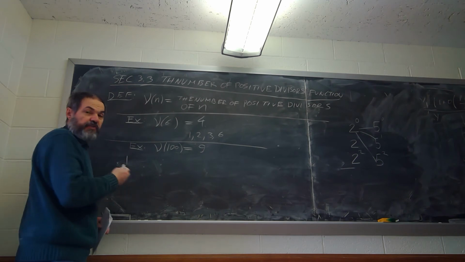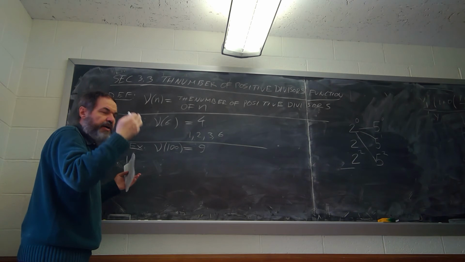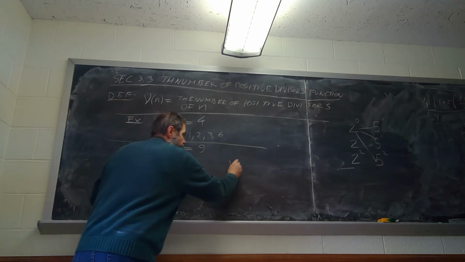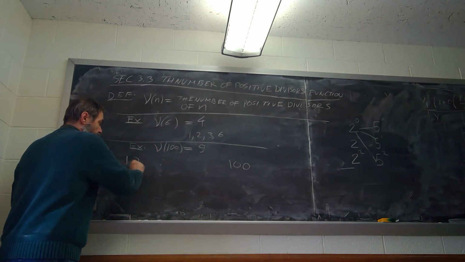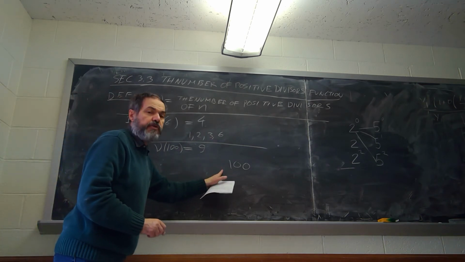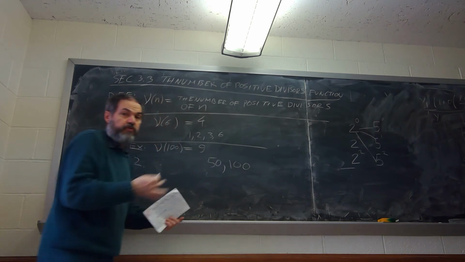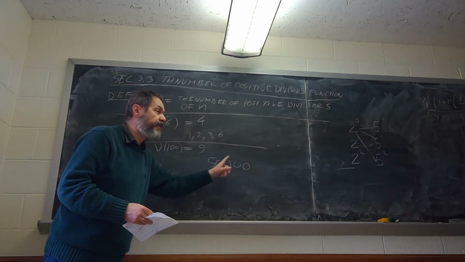I have a divisor that's 1. I already have in mind another one: that number times 1 is 100, so that's 100 itself. The next divisor is 2, so the partner is 50. This is helpful sometimes. I don't need to check any number between 50 and 100.